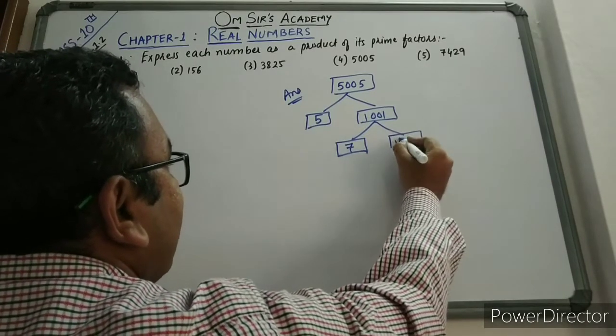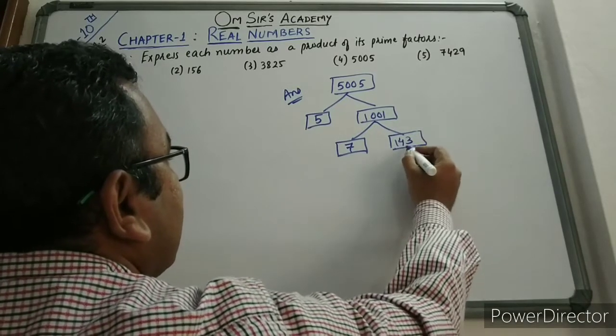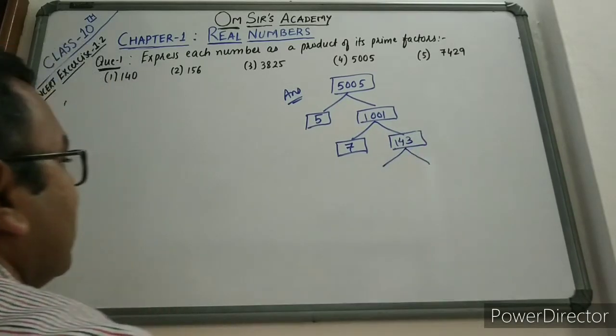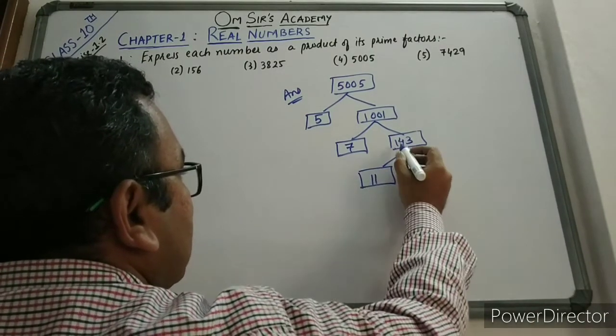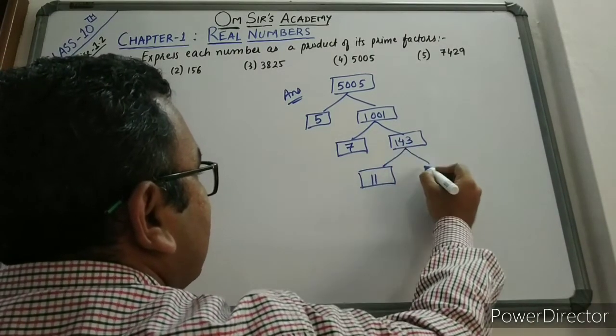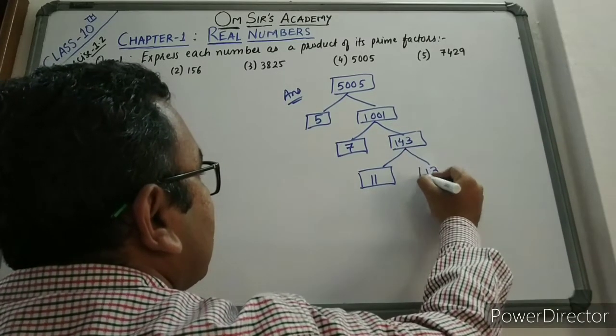So 7 4s are 28, 2 will remain, 2 1 is 21, so 7 3s are 21. Again 143 can be divided by 11. 11 1s are 11, so 3 will remain, 3 3 is 33, so 11 3s are 33.